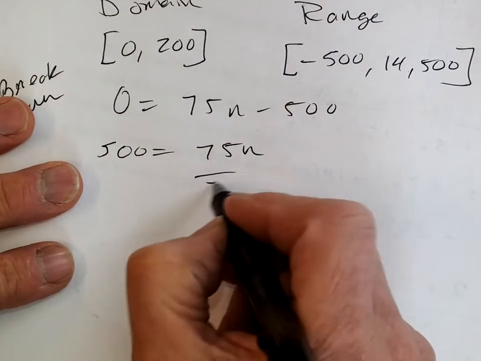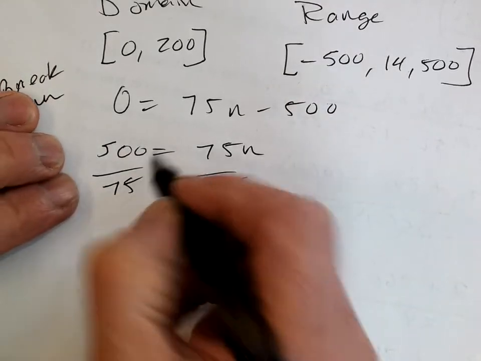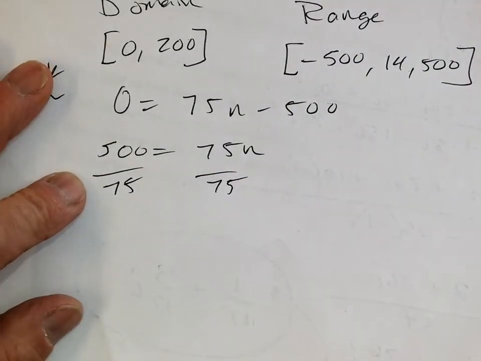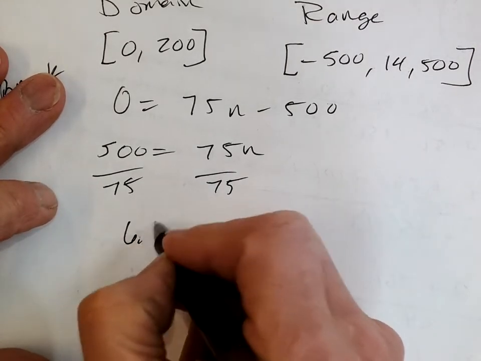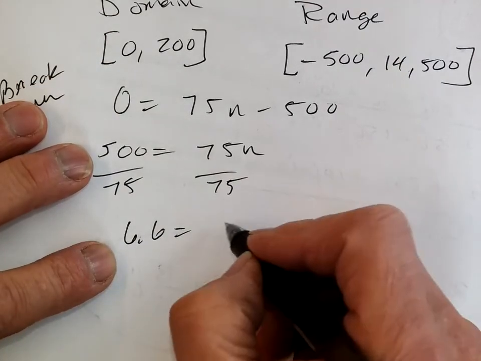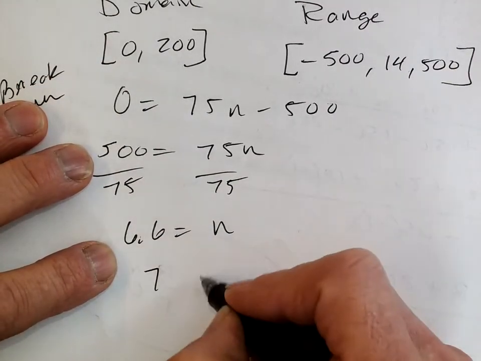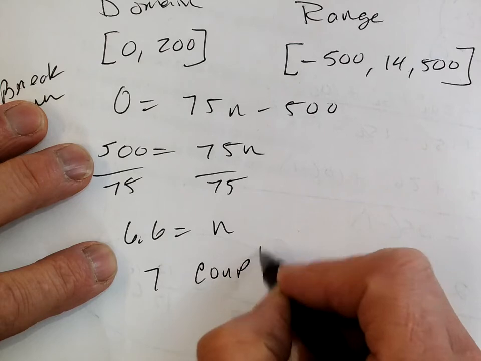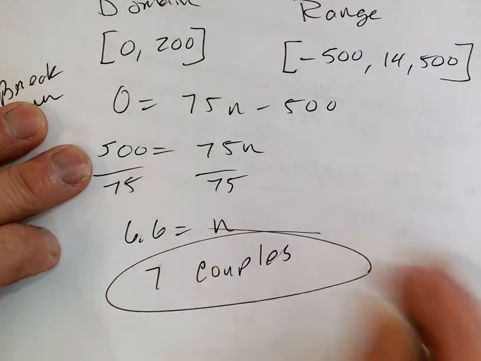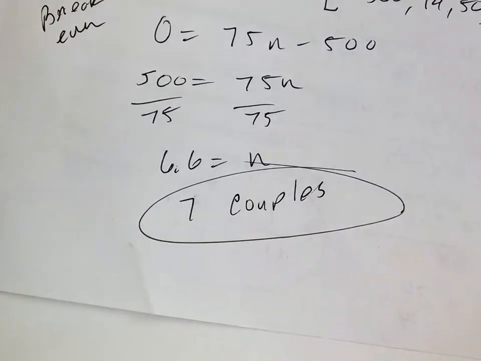Divide by 75. Let's see, we got 500 divided by 75. And I get 6.6, but I can't have 6.6 couples, so we round up to 7 couples. So we got to at least sell 7 couple tickets to break even. Okay, that's what I have.